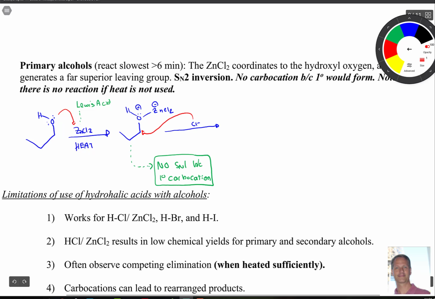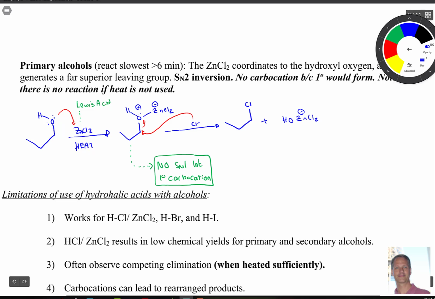Again, a slower reaction, and then you would end up with your chloride on there like this. Right? 1, 2, 3.